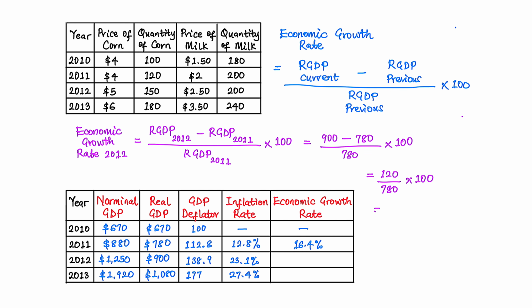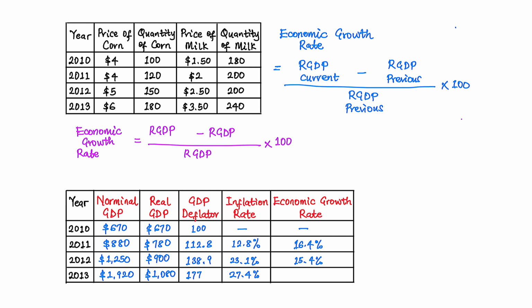So that equals 120 divided by 780, that's 0.154 times 100. So that equals 15.4%. Hence, the economic growth rate in 2012 is 15.4%.